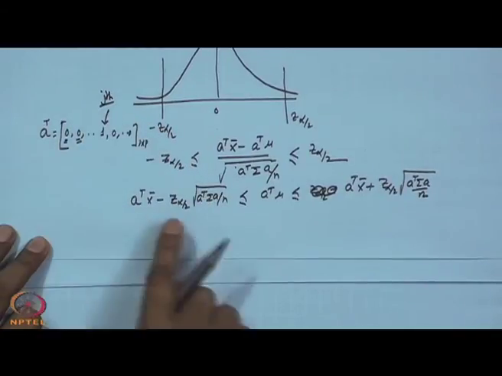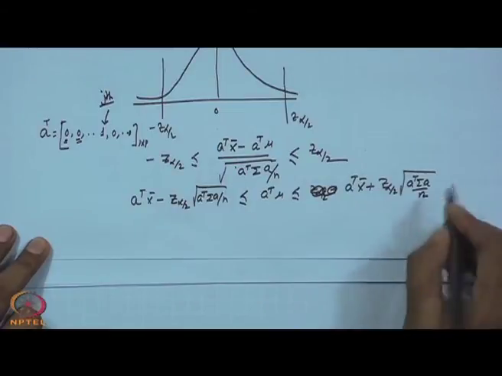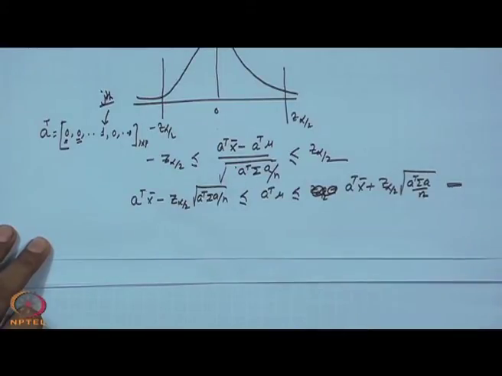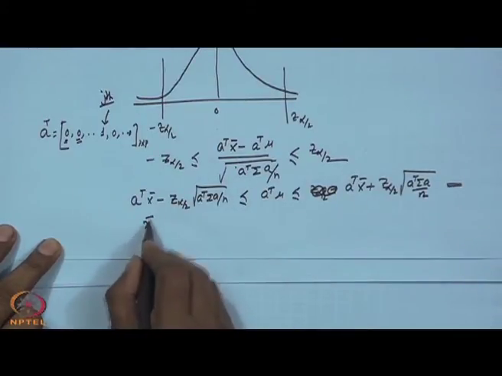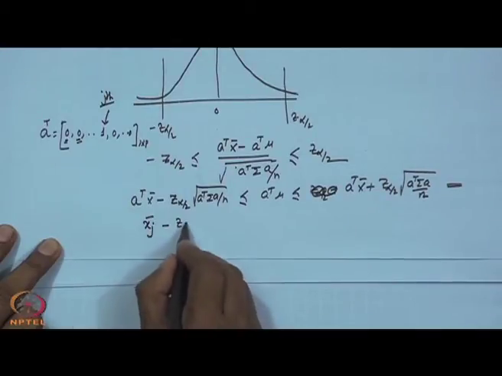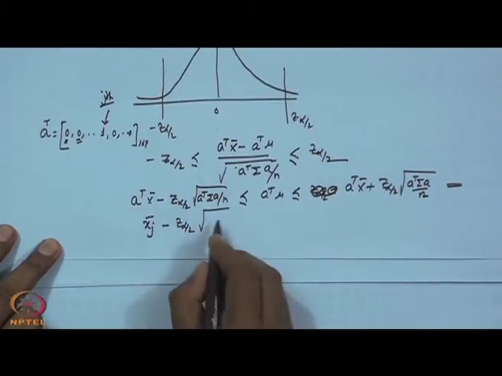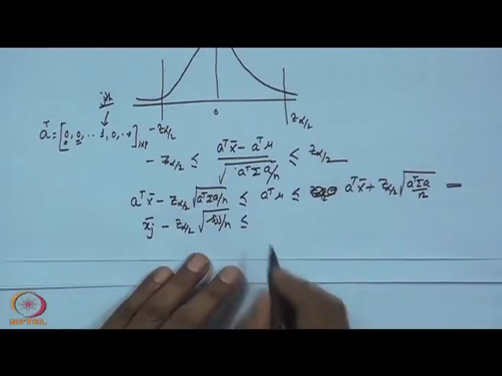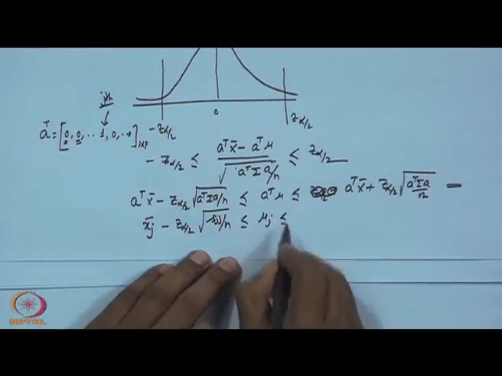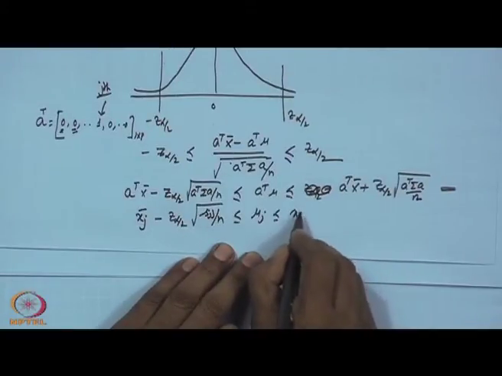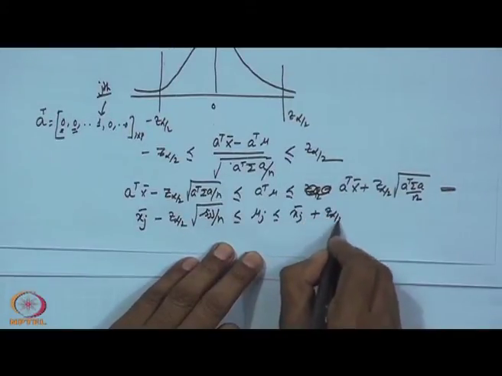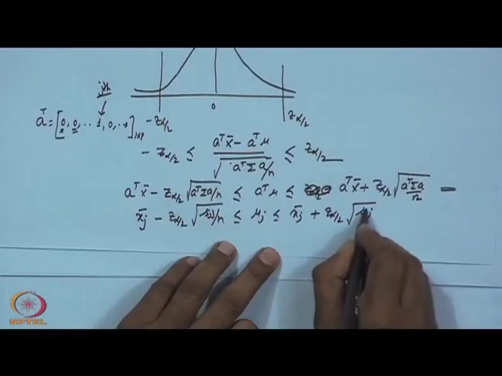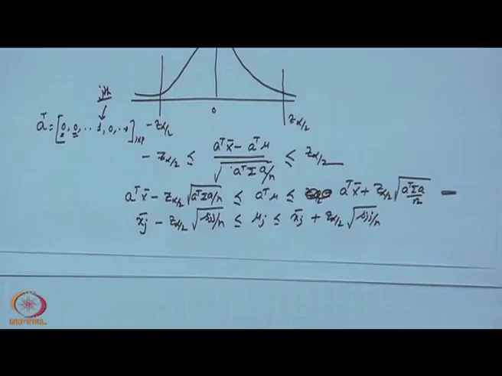If you put this into this equation, you will get x bar j minus z alpha by 2 root over s j j by n, less than or equal to mu j, less than or equal to x j bar plus z alpha by 2 square root of s j j by n.